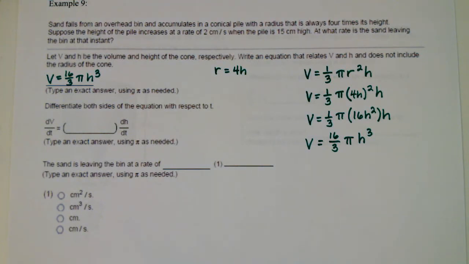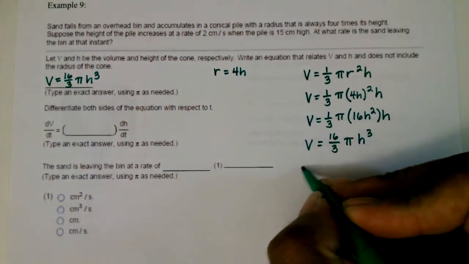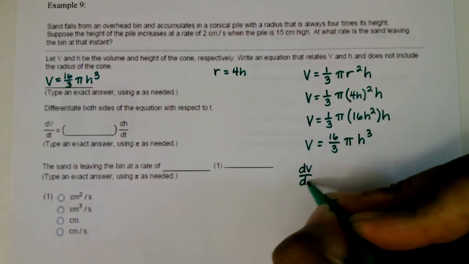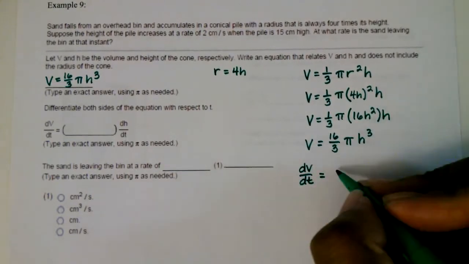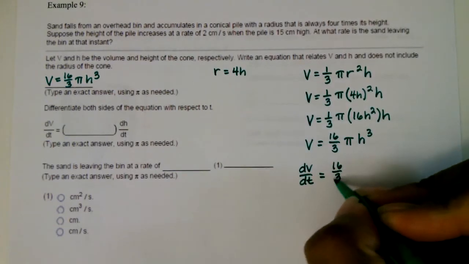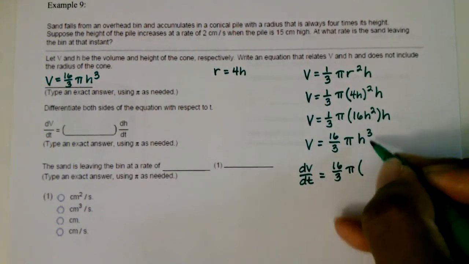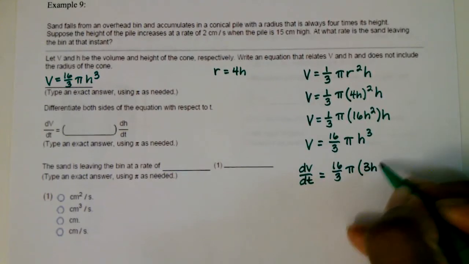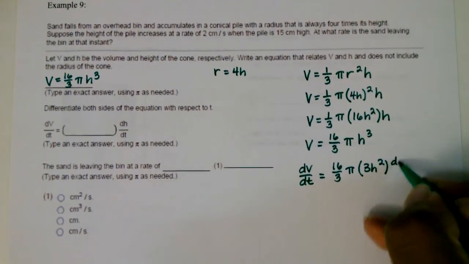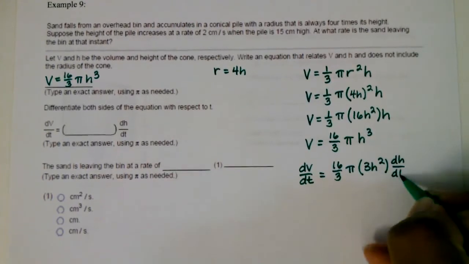And now we're going to differentiate both sides of the equation with respect to time. So dV/dt, that's the derivative of V with respect to time. I'm going to bring down the 16/3 pi since it's a constant. The derivative of h cubed with respect to time would be 3h squared times dh/dt.